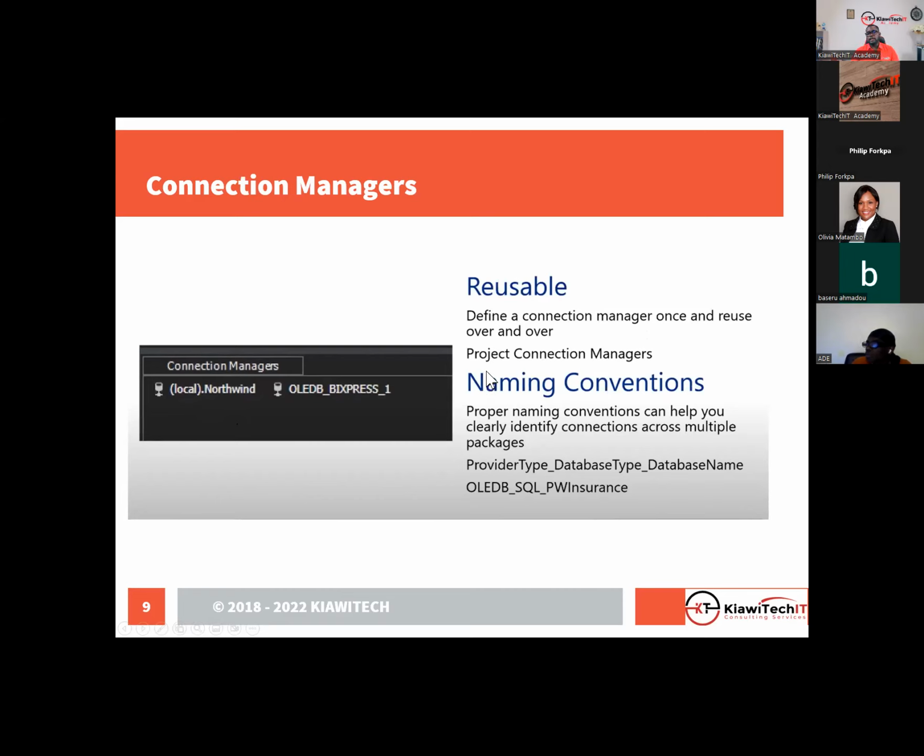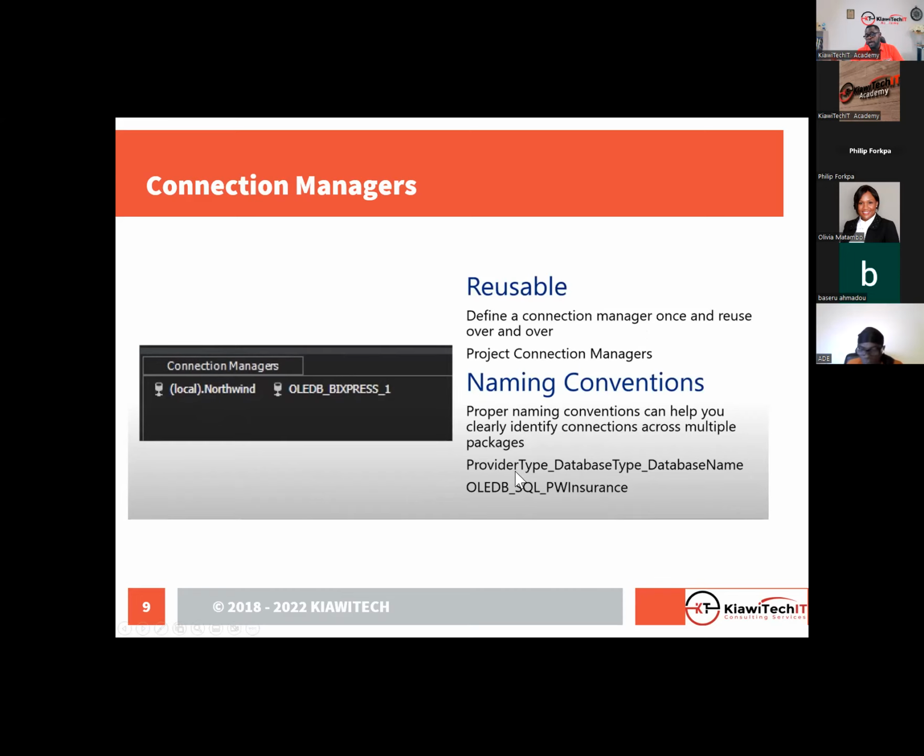When creating connection managers, your goal is to make sure that you apply a proper naming convention that helps you to clearly identify connections across multiple packages. If you have connection managers on different packages, you want to be able to identify which connection manager you're dealing with. It's good to name them well.